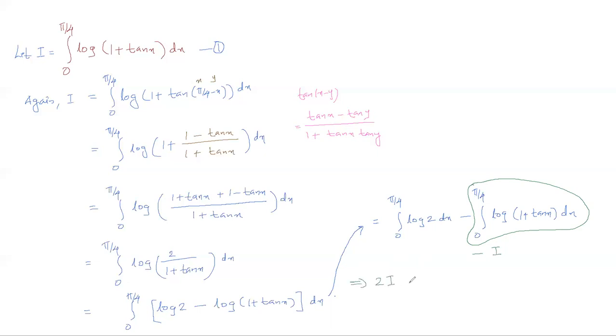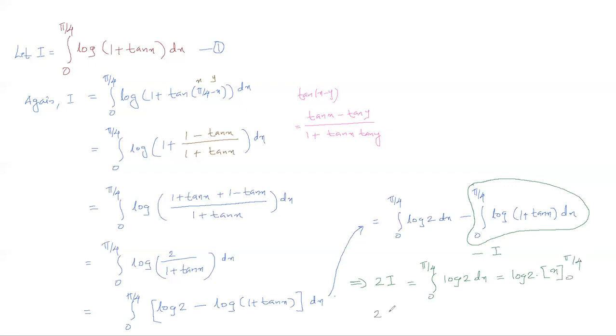So that implies 2I is equal to integral 0 to pi by 4 log 2 dx, where log 2 is constant. The remaining integral of 1 is x from 0 to pi by 4.